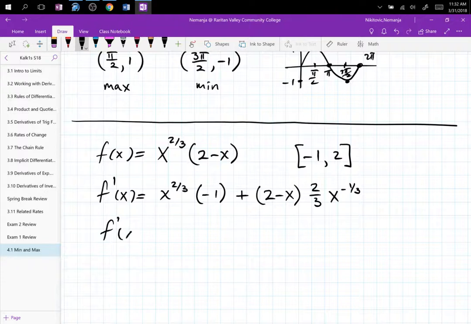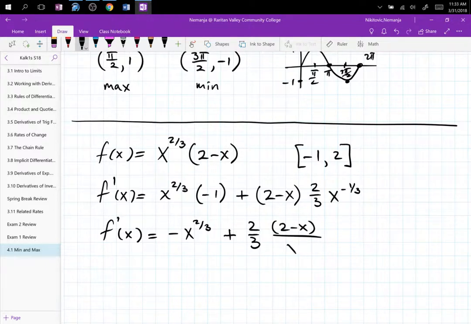So f prime of x is equal to -x to the 2/3 plus 2/3 times 2 minus x divided by x to the 1/3. See x to the 1/3 in a denominator. So now what should I do?